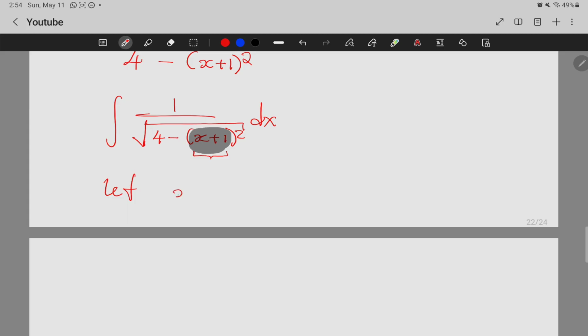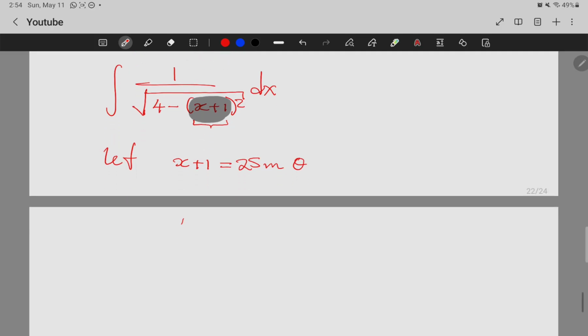So here we'll let x plus 1 be equal to a sine theta. Our a here is root of 4, which is 2 sine theta.